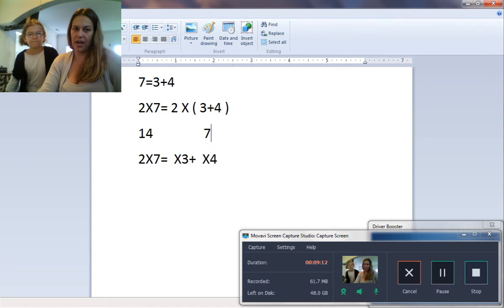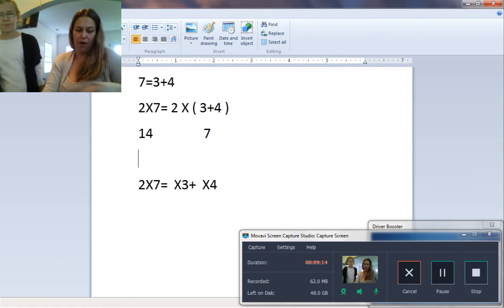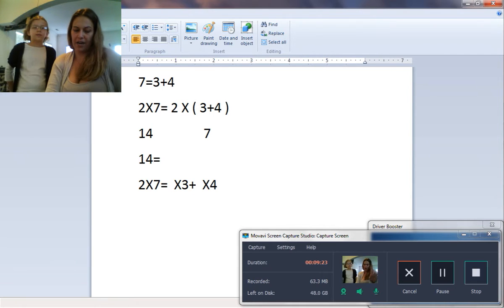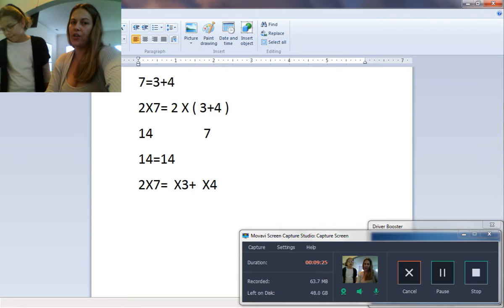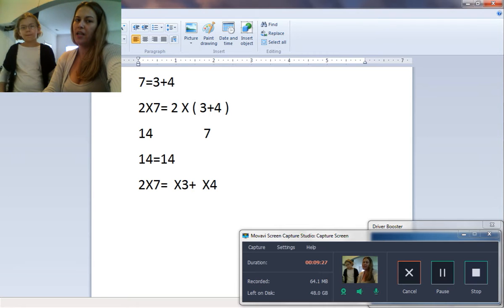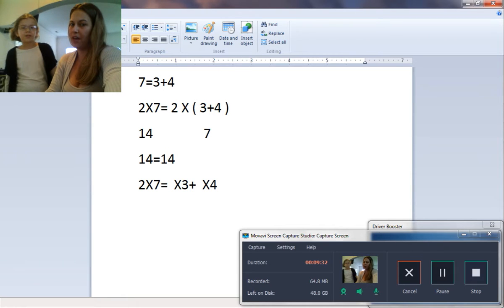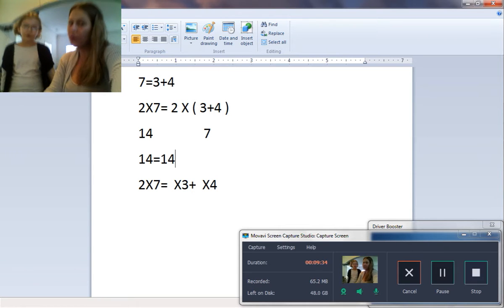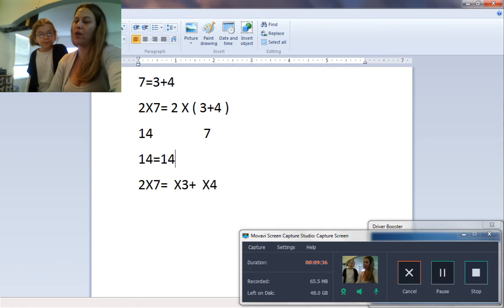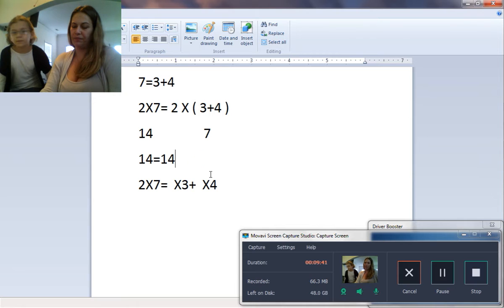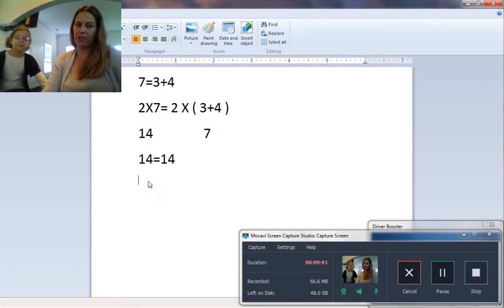So then it would be 14 equals 14, right? Because 2 times 7 equals 14. So 3 plus 4 equals 7, so 7 times 2 is 14. So 14 equals 14. Okay. There you go. Good job.